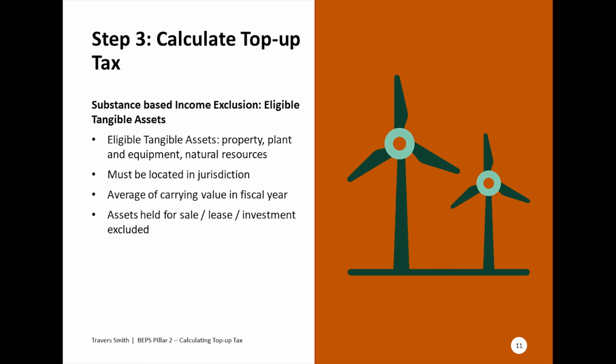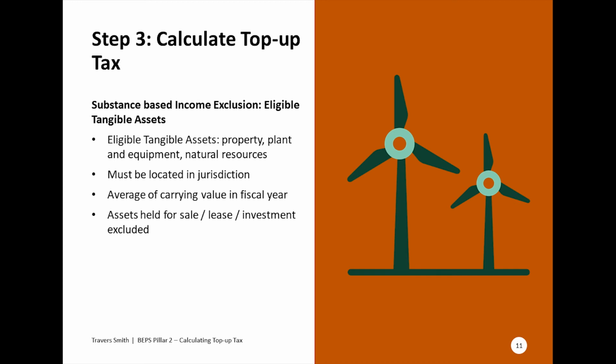The next thing to look at is the meaning of eligible tangible assets. So this is property, plant and equipment, natural resources that are located in the jurisdiction. It also includes leased assets, so there's no distinction here between owned assets and leased assets, and includes government licenses.